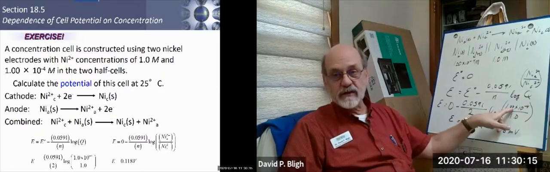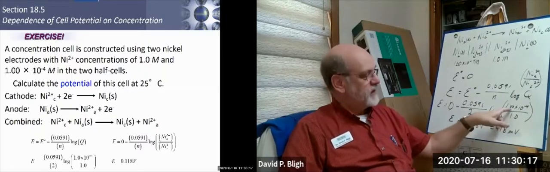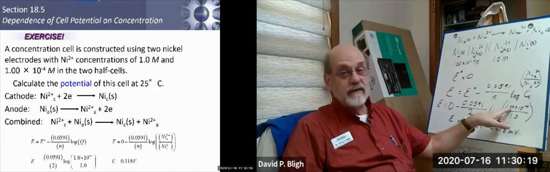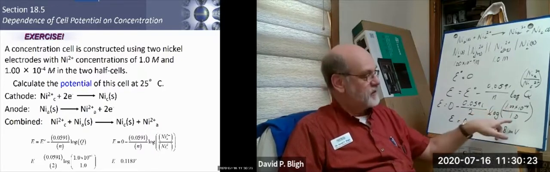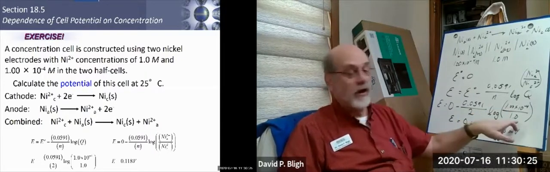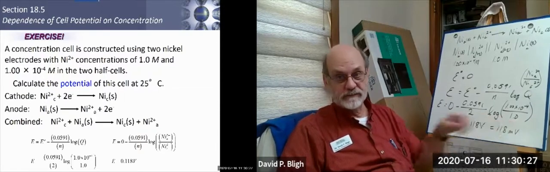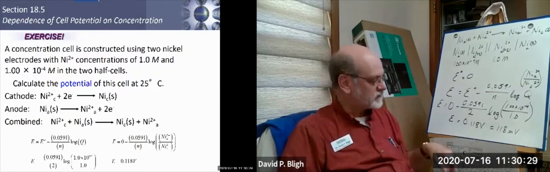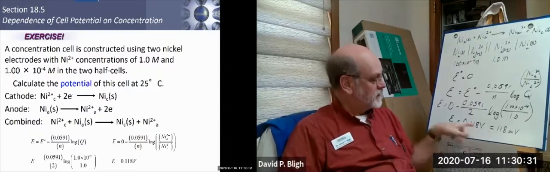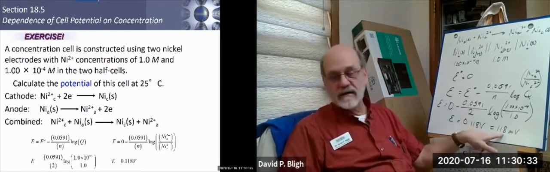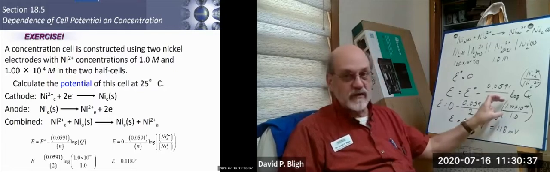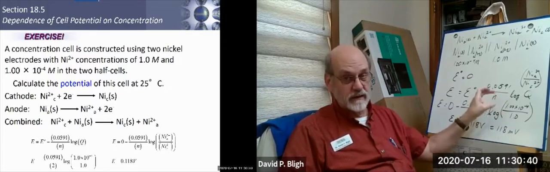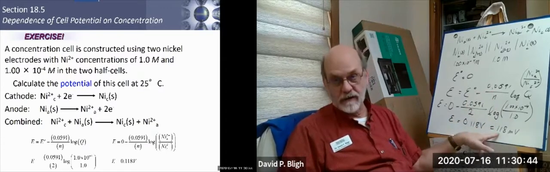You didn't make up that solution quite right. Maybe you made up this one even lower concentration than that, and you made this one higher concentration than 1 molar. In that case, you would have calculated a larger value. So if you're calculating based on these values, but you made that error in mixing the solutions, then this would be higher.